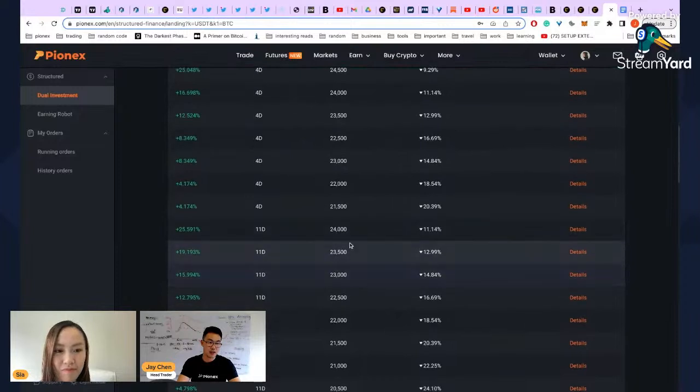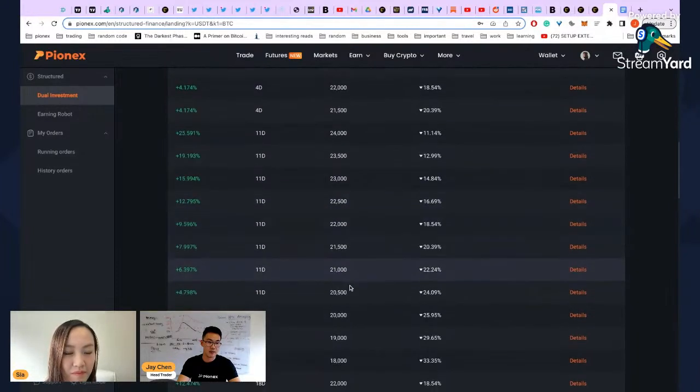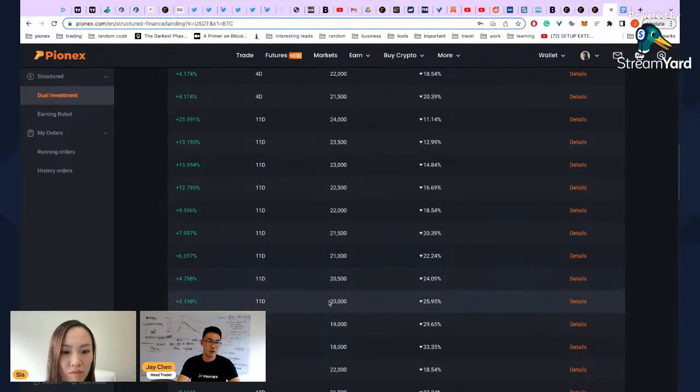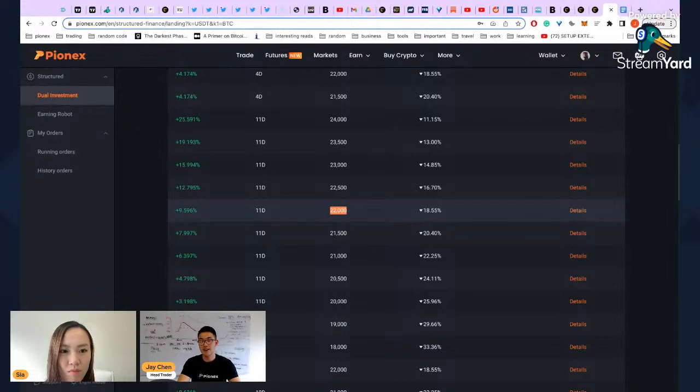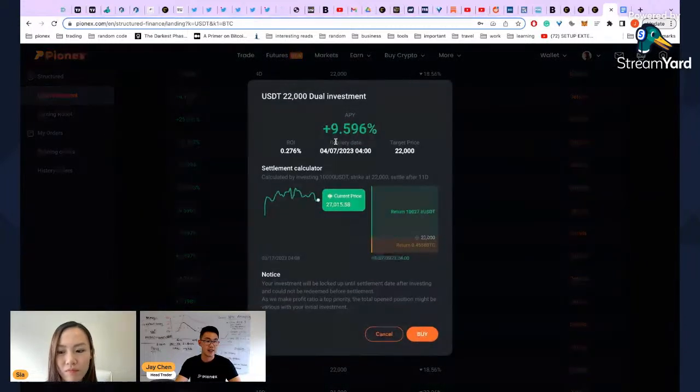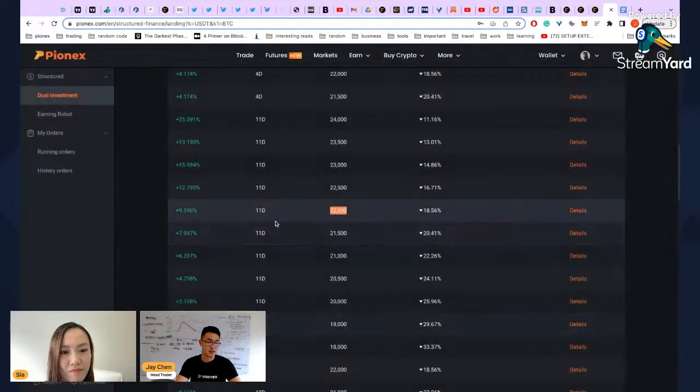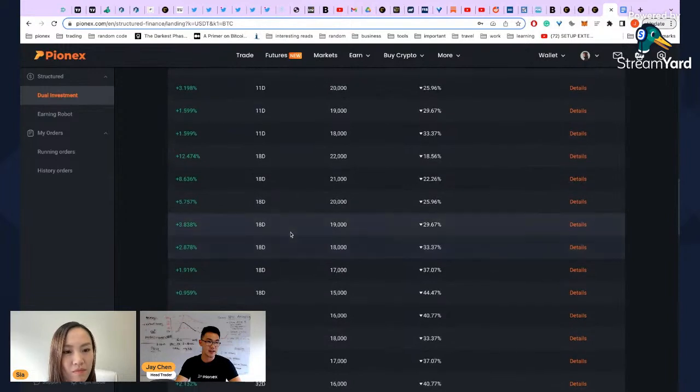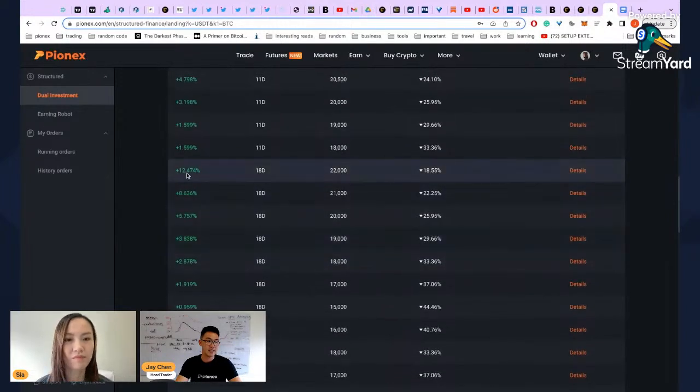I think 20K to 22K is going to be the bottom. If we get a retrace, that's it. 20K yields are too low. I would do a 22K. 20 to 22K is the best time to buy Bitcoin, and just hold it for the next cycle. So I like this one. Actually, 9% is a little low. Let's see if they have anything else. 18-day, 12%, 22K.